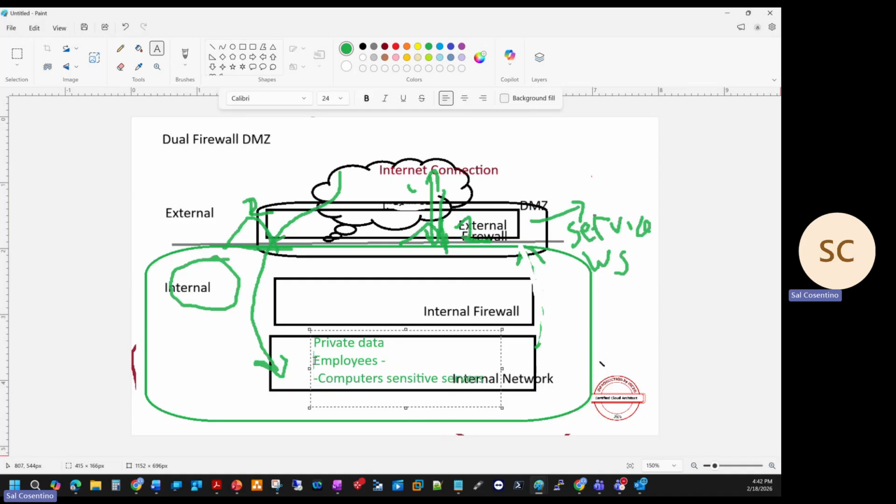So employees, private data, sensitive servers. Okay, straightforward.